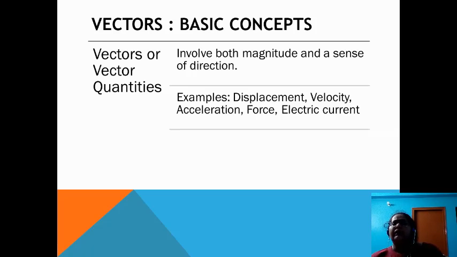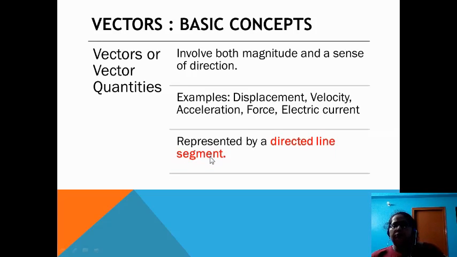We will see a little bit more closely with a particular example. And before we go to the next example, one thing we just try to remember: a vector is represented by a directed line segment, because we have told, of course, that a vector has a sense of direction associated with it, and so we need a directed line to show the direction.